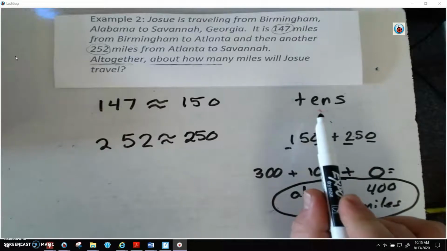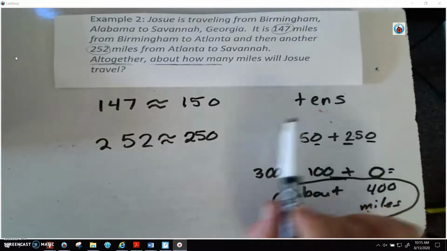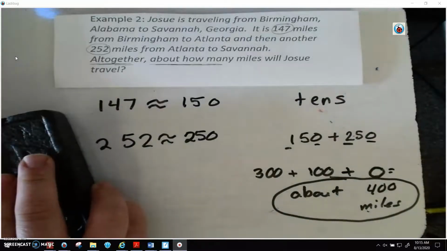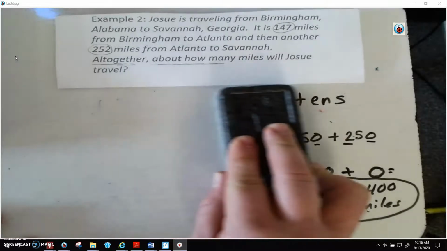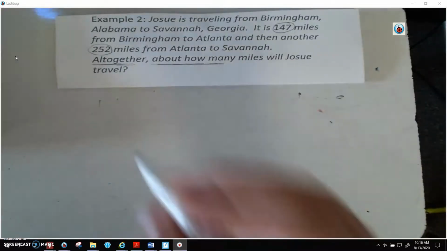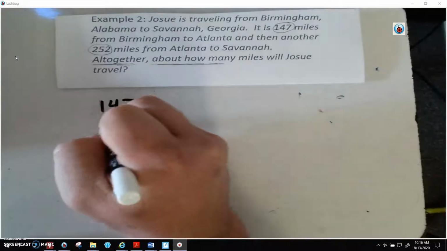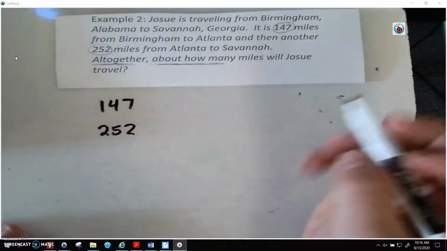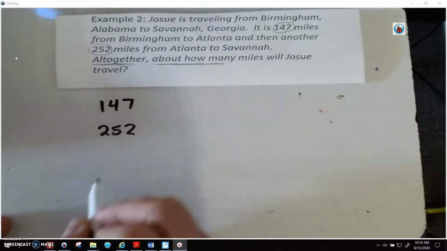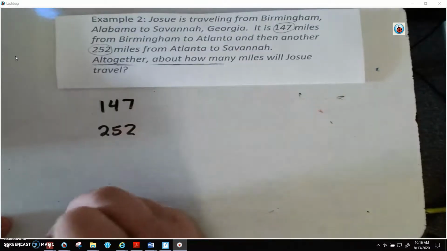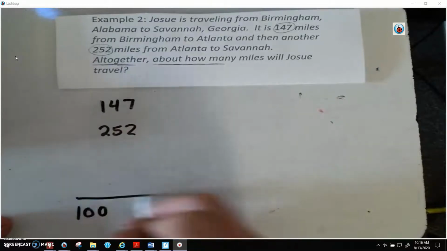What I'm going to also do is see if I round to the nearest 100, what that would be. So round to the nearest tens, it would be about 400 miles. So now I'm going to do those same numbers. I'm going to do 147, and I'm going to do 252. I'm going to round to the nearest 100. So 147, my lower benchmark number, since I have 100, would be 100.